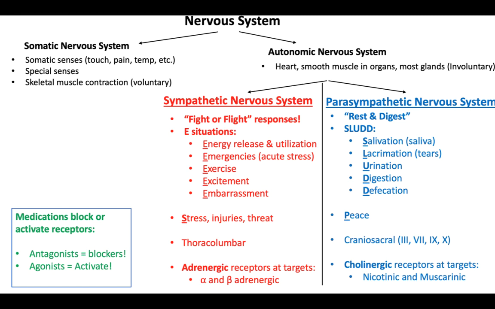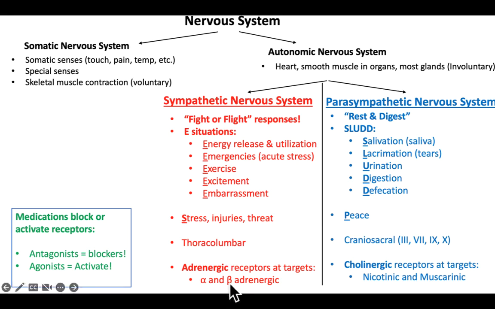So you're going to learn some medications in this chapter. But a lot of our medications either block one of these responses by either sympathetic or parasympathetic, or they might activate. If we block something, we call that an antagonist. So when we get to the heart, you're going to learn about beta blockers, beta antagonists.